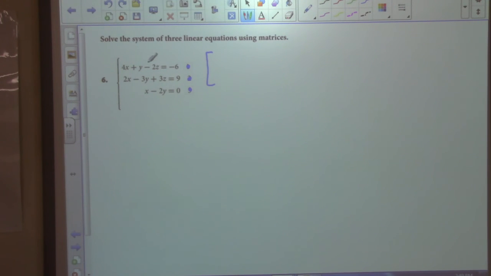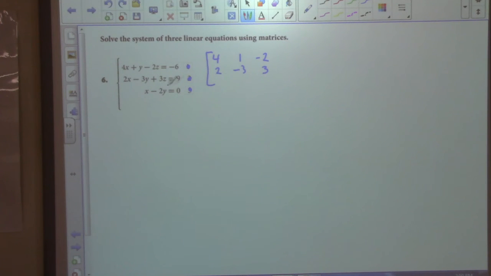And so this top equation here, the left side of it anyway, can be rewritten with coefficients only as 4, 1, negative 2. And then the second row is going to be 2, negative 3, 3.